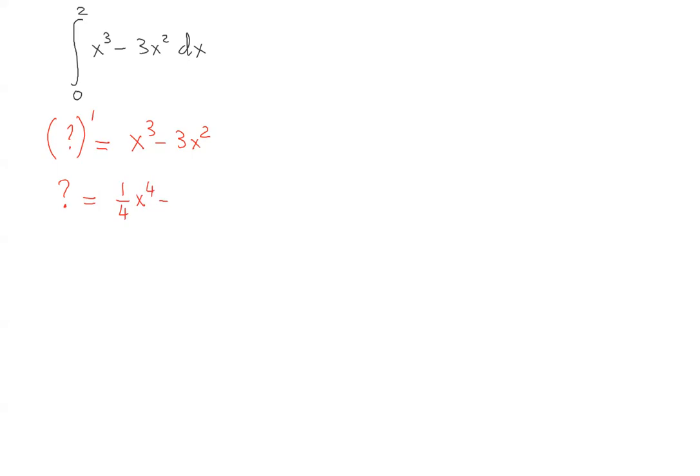If you multiply by 3, you will get just minus x cubed, right? So all you need to do here is to do 1/4 2 to the 4th minus 2 to the 3rd, and then subtract from it what you get by plugging in 0, which is of course 0.